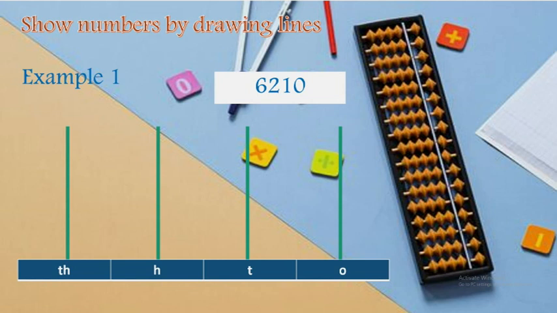Good. First you have to leave the ones place without a line, and tens place with one line, and hundreds place with two lines, and thousands place with 6 lines.